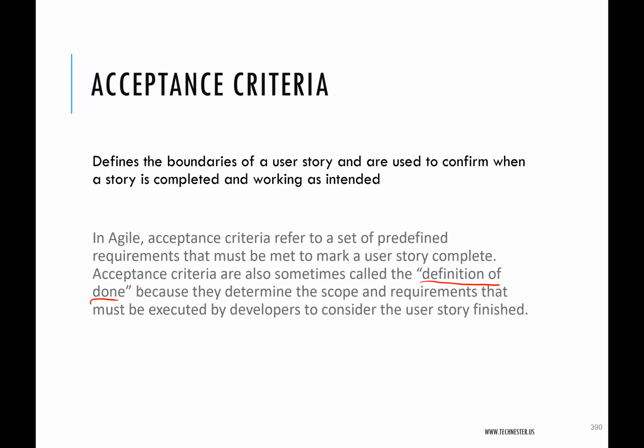Sometimes it may be good enough that your acceptance criteria define what is done. Let's say in an increment, you have 3 stories and all you want is for your developers to implement those stories, right? Nothing extra, just implement those stories. And once they implement those stories, the increment is done. Then the acceptance criteria for those stories are good enough to be your definition of done.